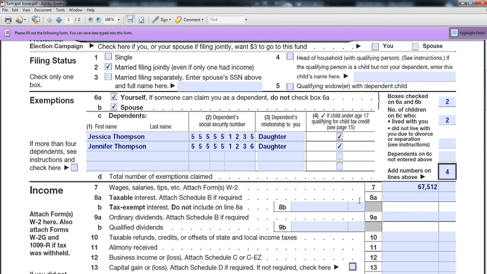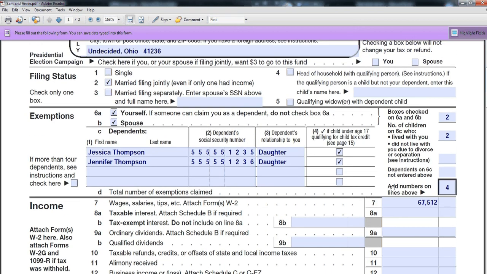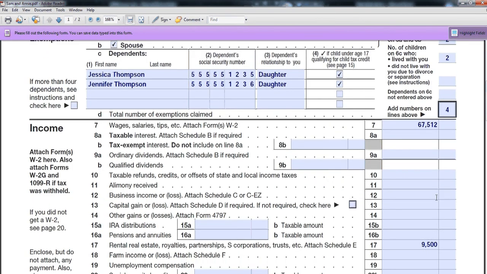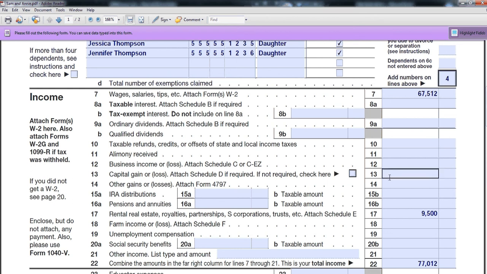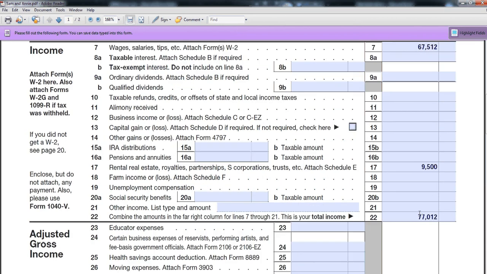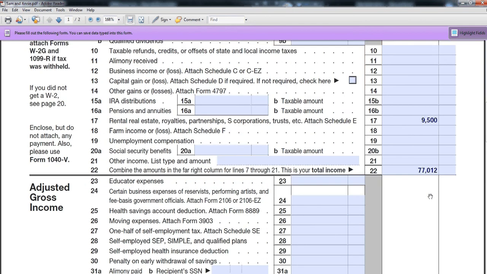And then here are the wages from W-2s, and I just put both Sam and Annie's there. And that's on line 7. And here's line 17, which is rental, $9,500. And you combine those amounts, you see that the $12,000 wasn't even listed here.